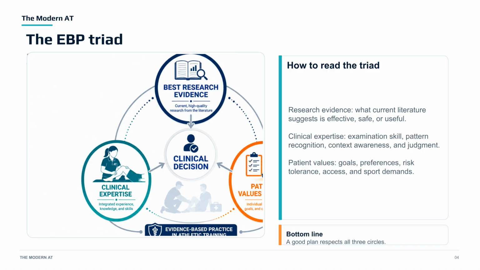An athlete's goals, preferences, resources, sport demands, and risk tolerance all matter. For example, 2 athletes may have the same ankle sprain, but one may need to return to recreational running, while another is trying to return to a playoff game. Evidence informs both plans, but the final decision must be individualized.